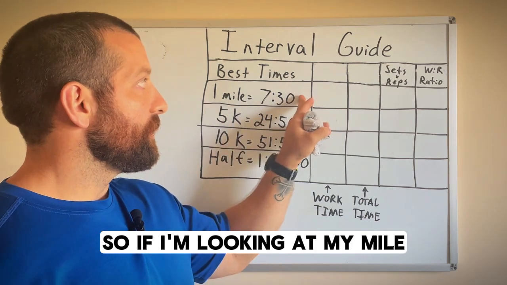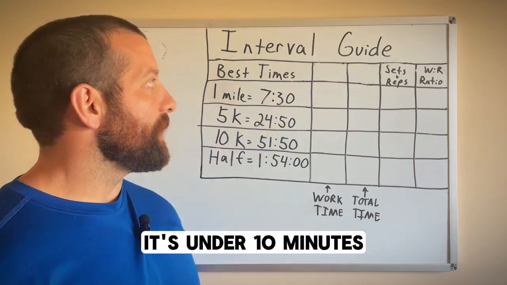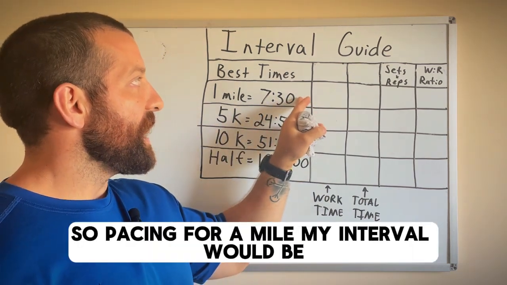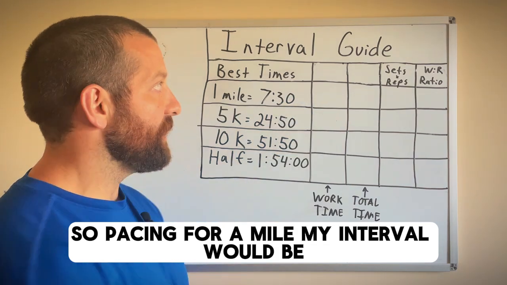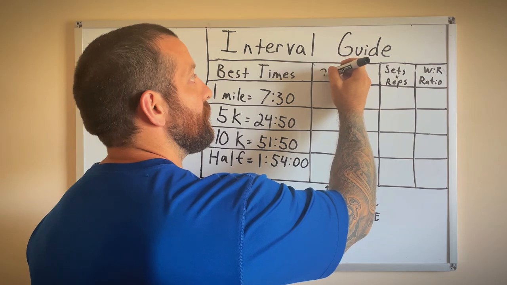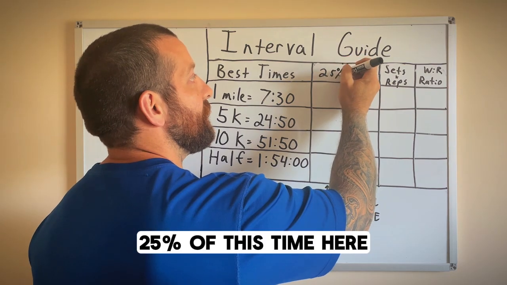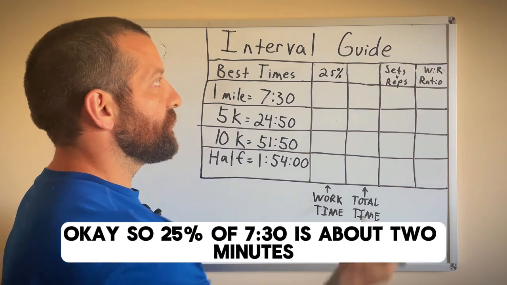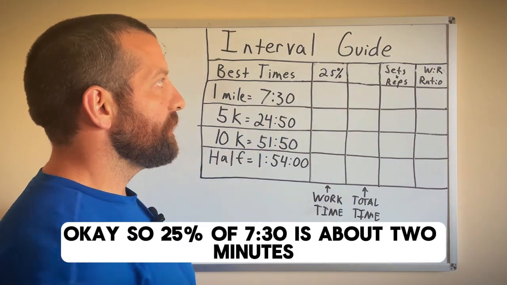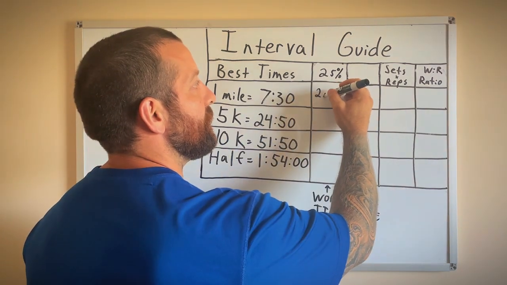So if I'm looking at my mile, it's under 10 minutes. So pacing for a mile, my interval would be 25% of this time here. Okay, so 25% of 7:30 is about 2 minutes.